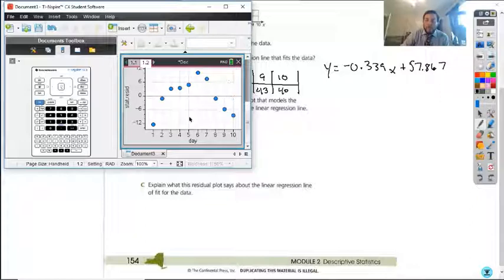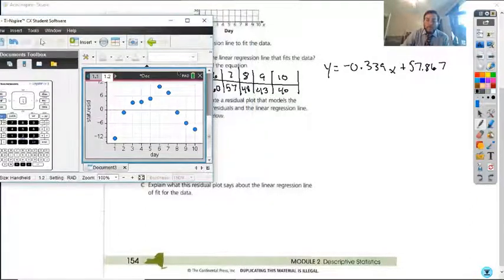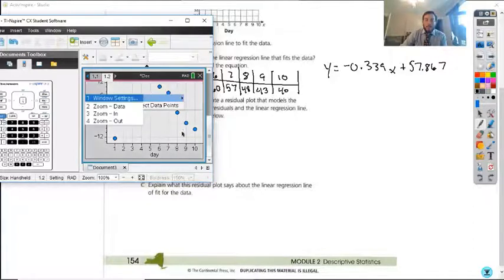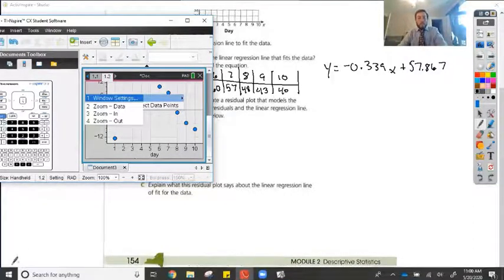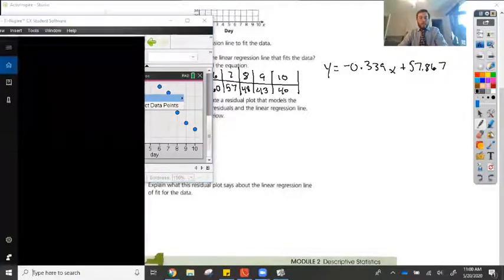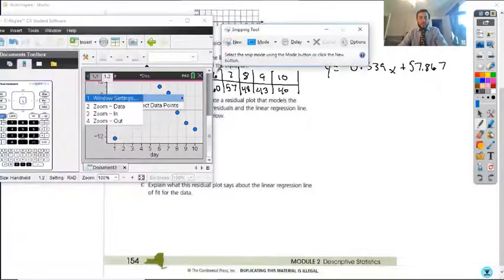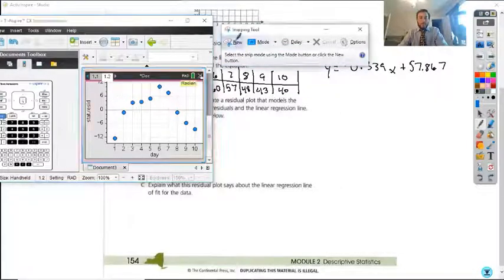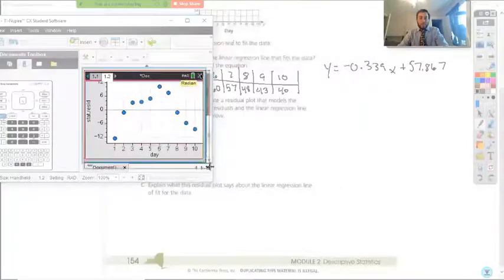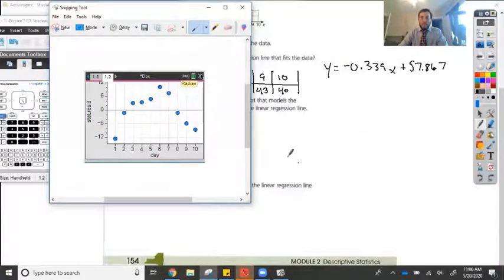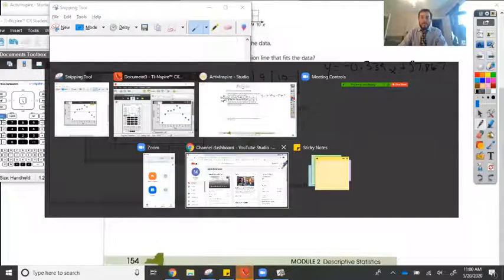If we wanted to copy this onto your table or onto your paper, this is what you'd want to copy. So, for my sake, I'm going to snip this, copy this, and paste it in on my table here.